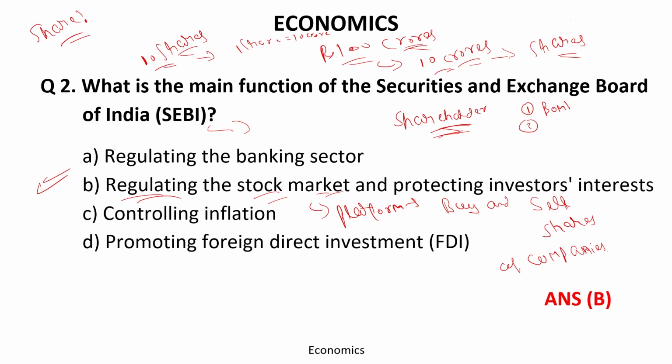First is the Bombay Stock Exchange, and second is the National Stock Exchange. And SEBI is basically designed for this particular thing. Now I think you have got an idea.